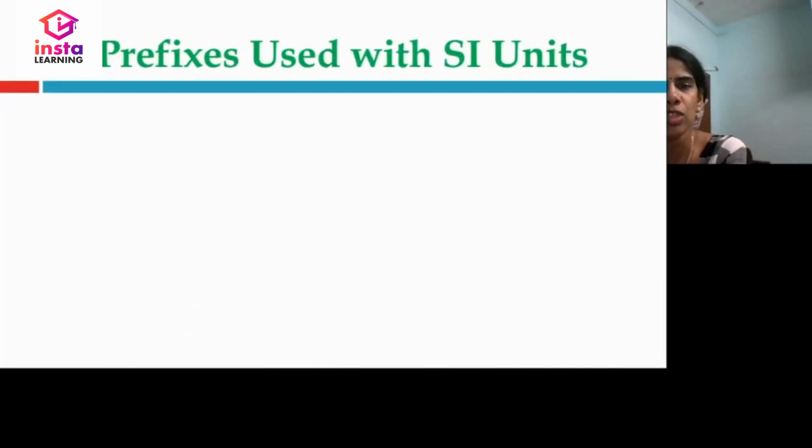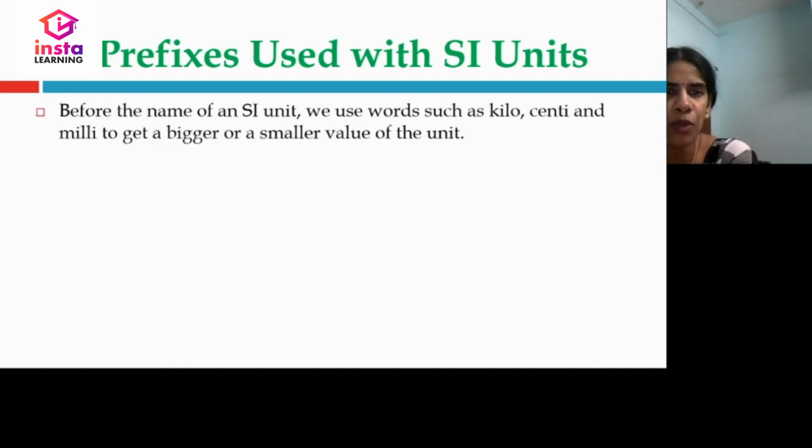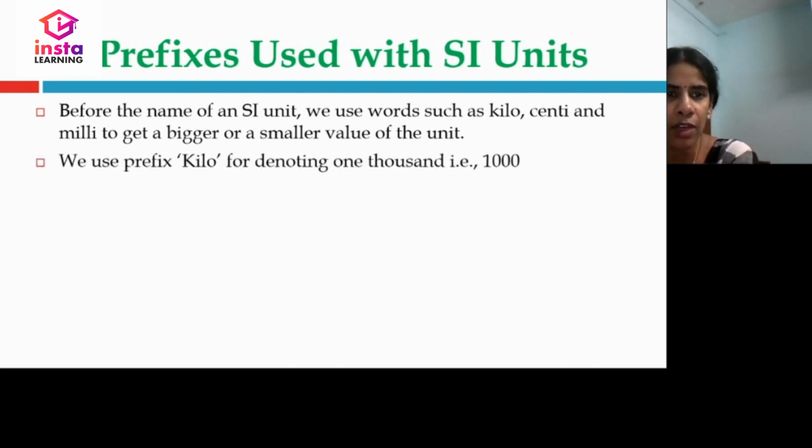Let us see the prefixes that are used with SI units. Before the name of an SI unit, we use words such as kilo, centi, and milli to get a bigger or smaller value of the unit. We use the prefix kilo for denoting 1000. Therefore, 1 kilometer is equal to 1000 meters.